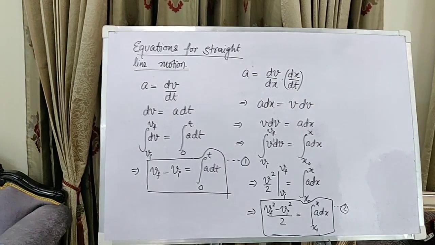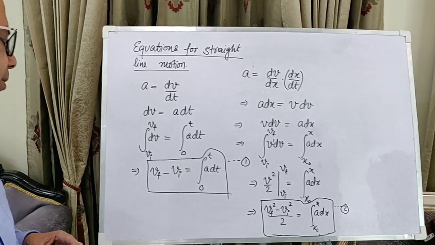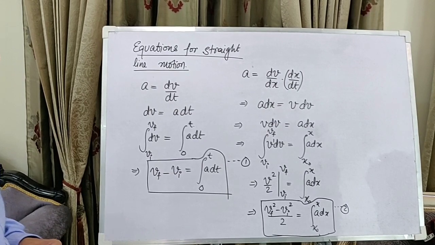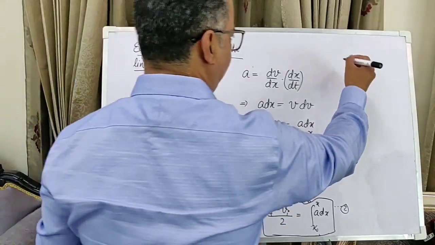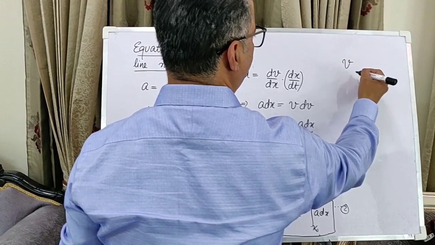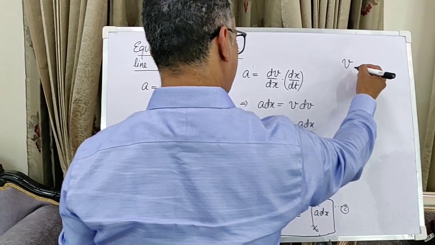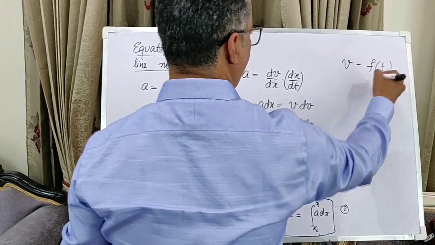We can of course also arrive at one more equation, and that can be arrived at by using the v versus t relation. So let's say v is known as a function of time. We are aware of this.